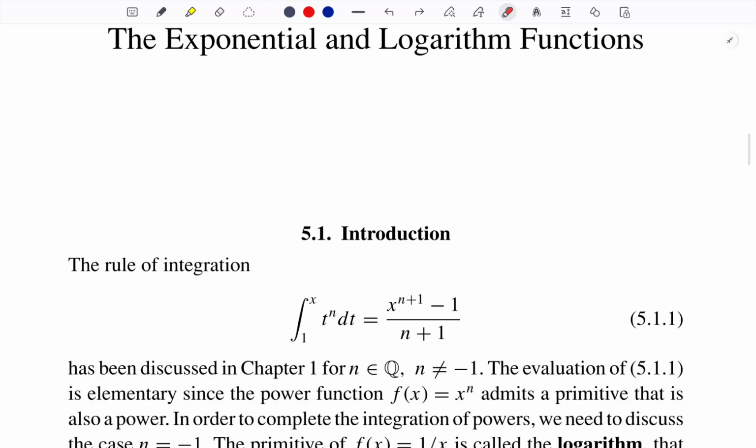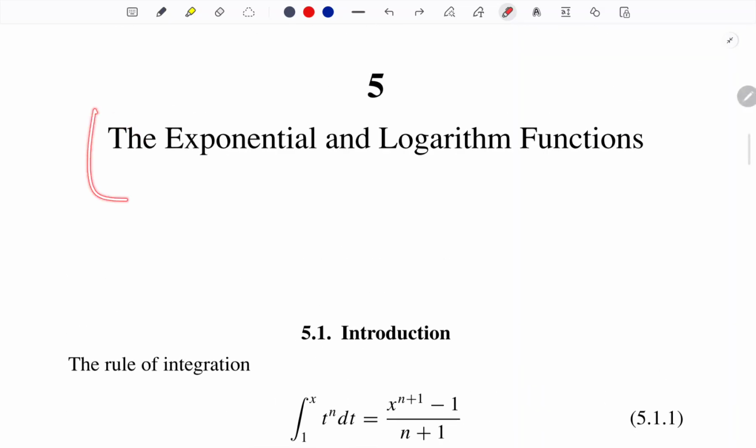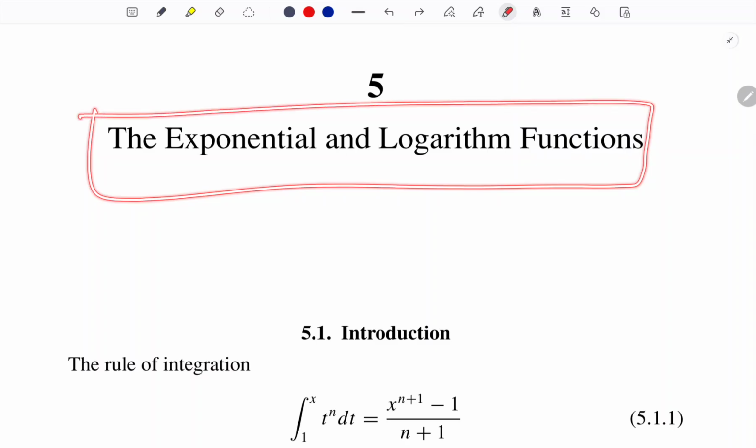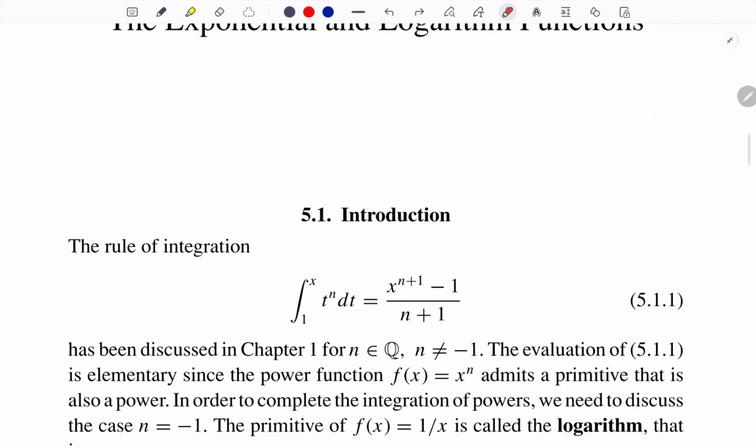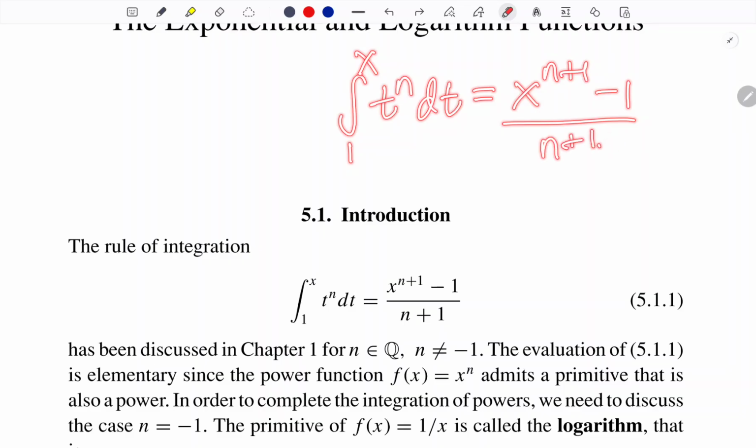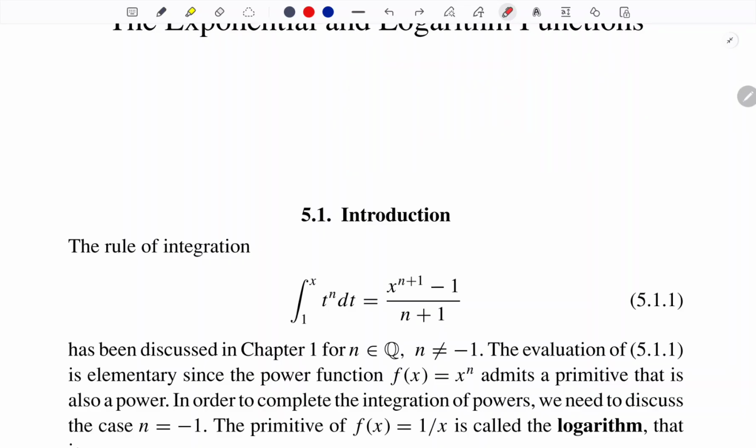Now we are heading towards the exponential and logarithmic functions. The rule of integration. Wow, that's great. The integral from 1 to x of t to the n dt equals x to the n plus 1 minus 1, over n plus 1. It's just a normal method of integration.